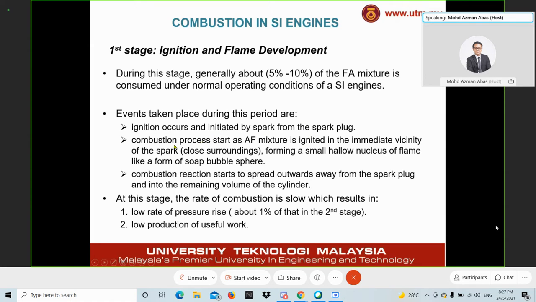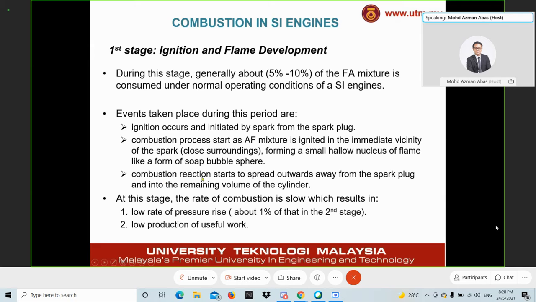The combustion process starts as the air fuel mixture is ignited by the spark plug in the immediate vicinity of the spark. In other words, combustion starts close to the spark plug, forming a small nucleus of flame like a soap bubble sphere.